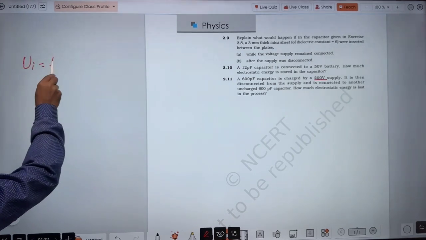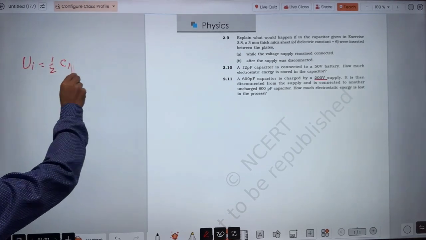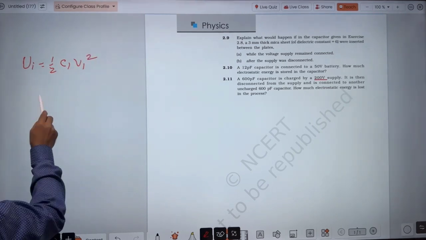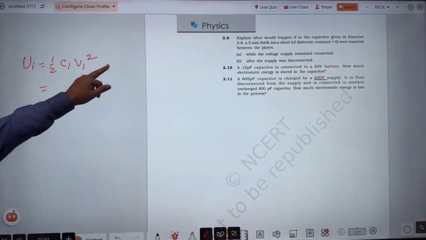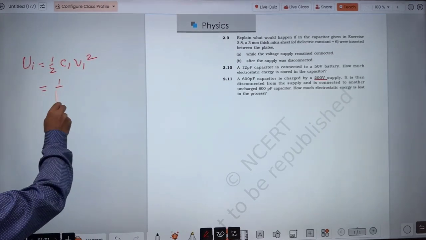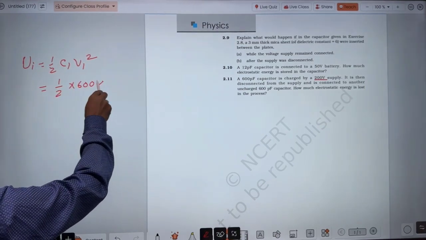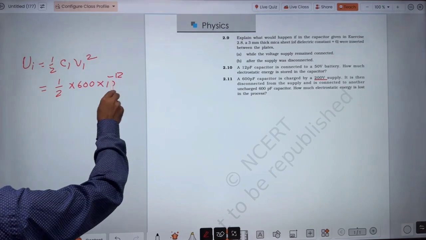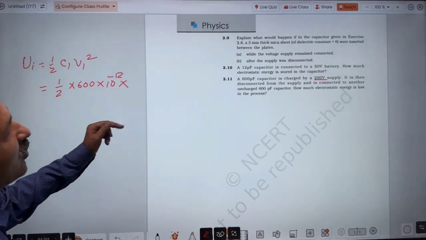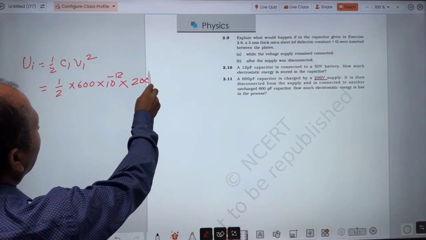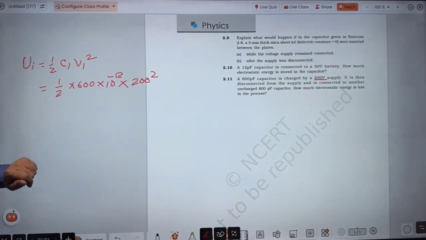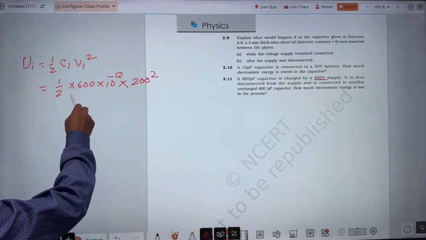And now we need U final. As I told you, 1 by 2, the sum of the two capacitances C1 plus C2, into the common voltage V square, and V will be equal to C1 V1 plus C2 V2 divided by C1 plus C2. Here V1 is given, C1 is given, but V2 is 0.